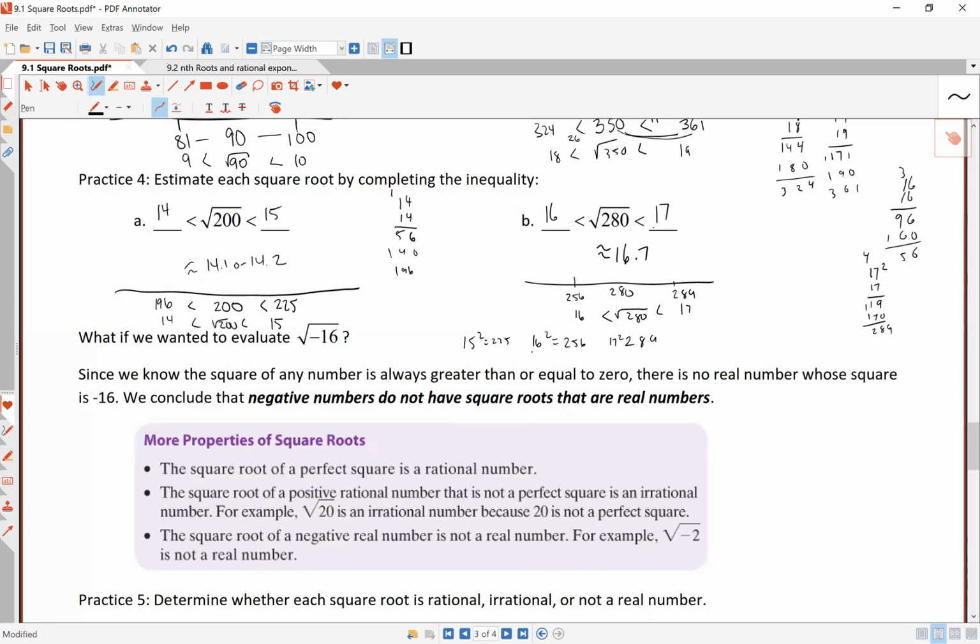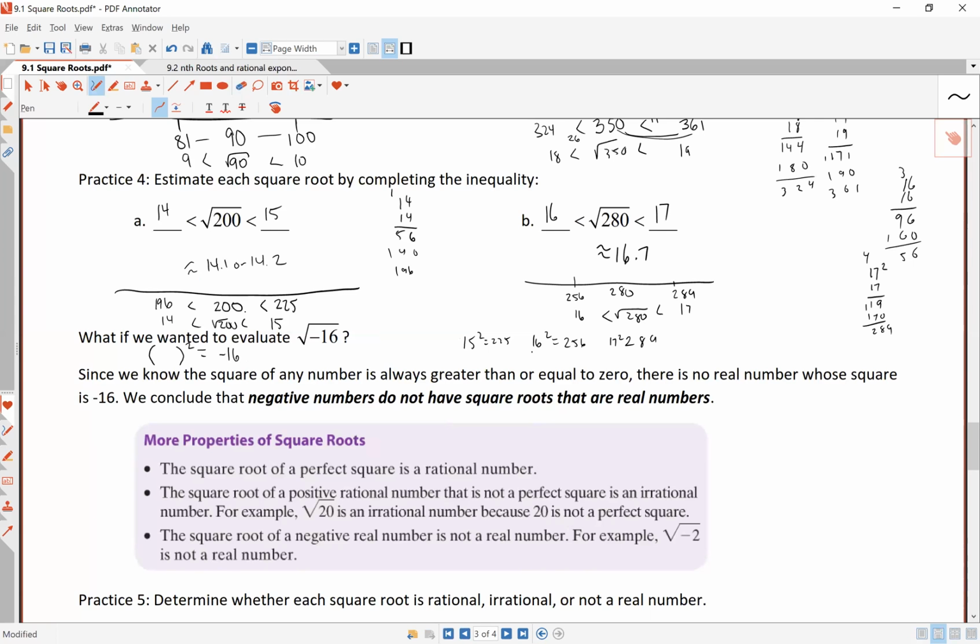Okay, so we see that these are examples of irrational numbers because the radicand is not a perfect square. But what if you have the square root of a negative number? We're asking what real number can you square and get negative 16?